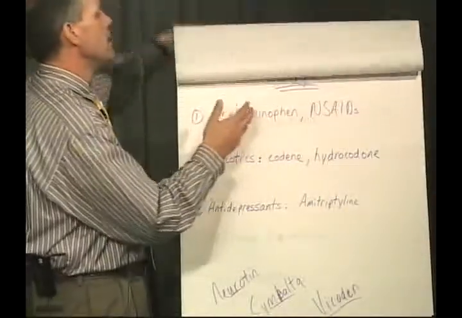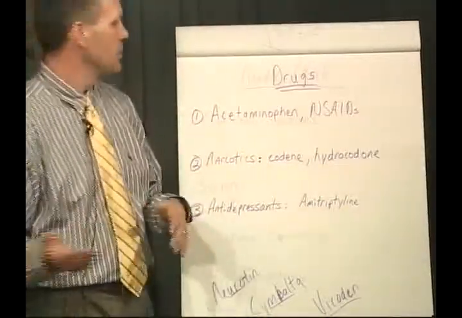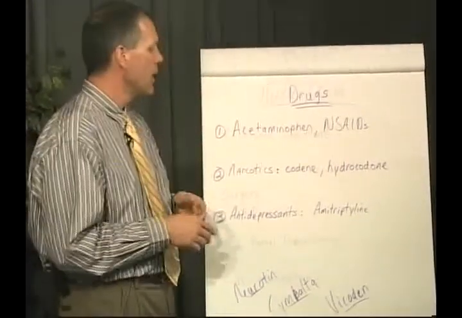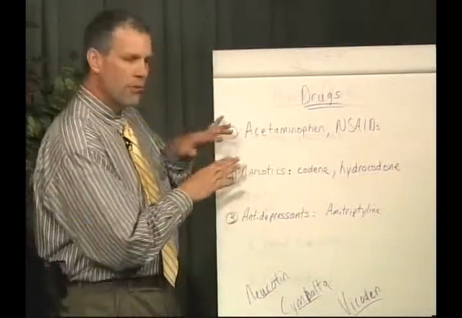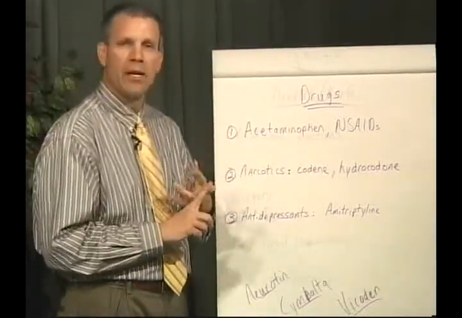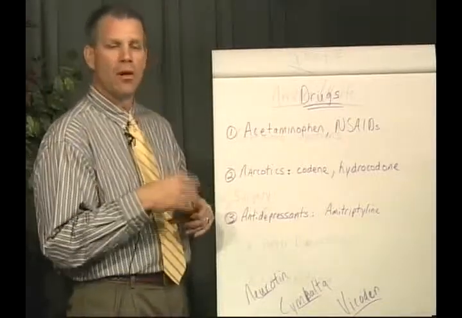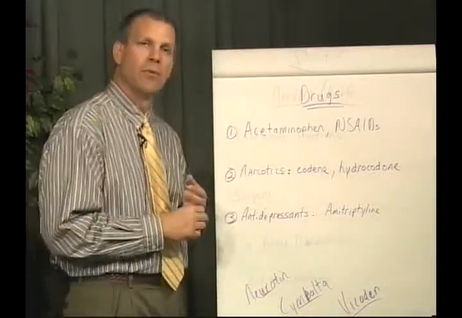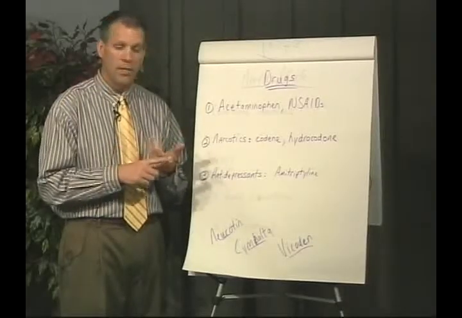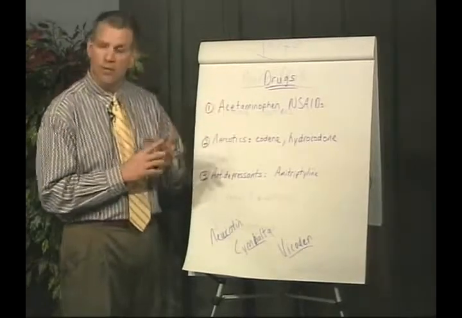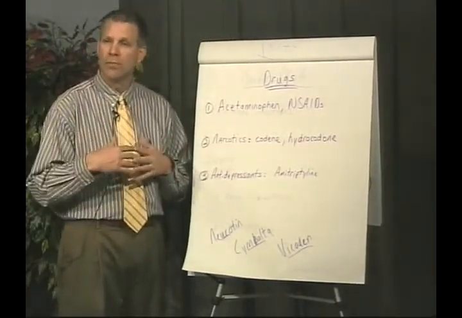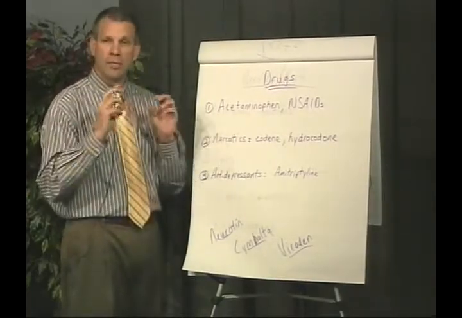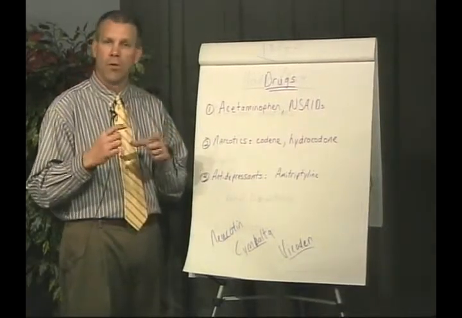In traditional medical models, the intervention choice first and foremost is through drugs, or pharmacology. Primarily, the first two levels here, acetaminophen and non-steroidal anti-inflammatory drugs, are the first level of intervention. Typically, a person coming into a doctor's office will be given these drugs for reduction of symptoms, and they are looking at allowing some of this inflammatory process to become more controlled through chemical intervention.